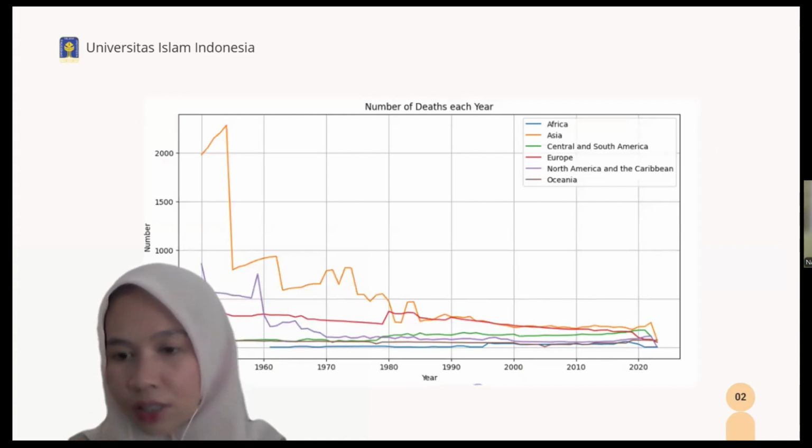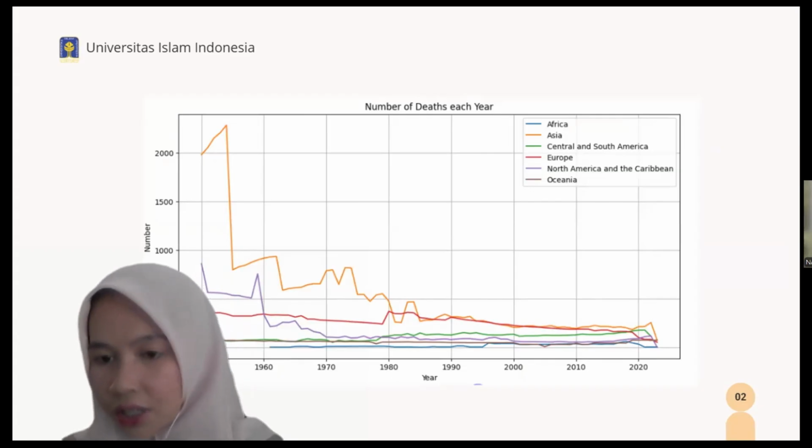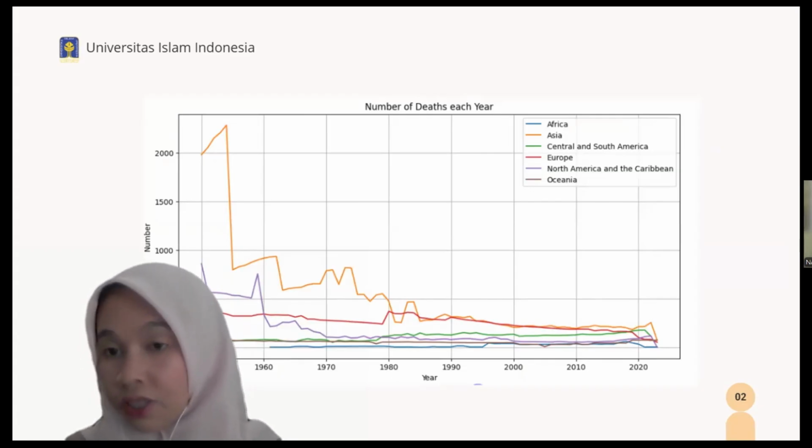These indicators are essential to understand the global burden of mortality and provide valuable insight for health policy prioritization and strategic interventions.